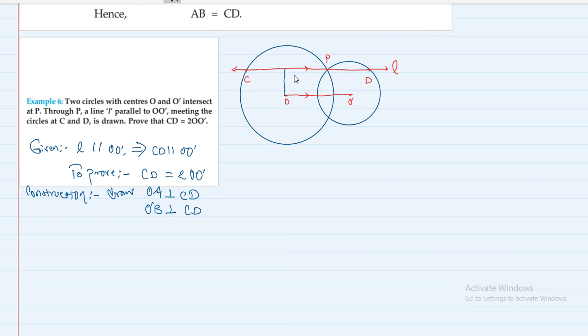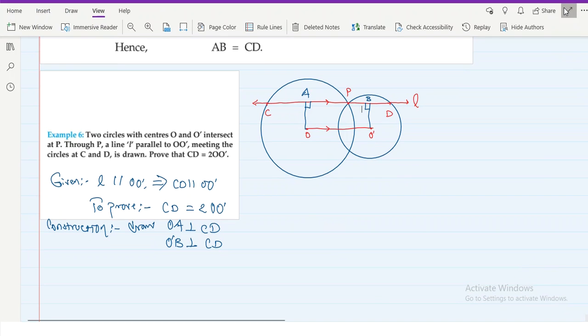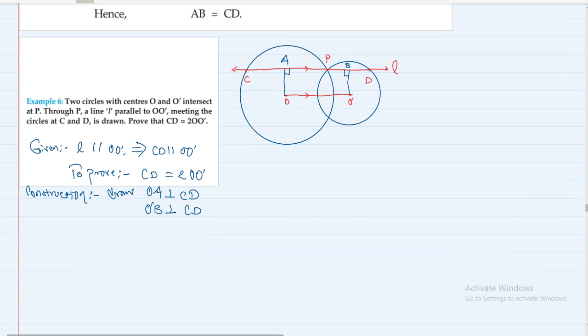This is my construction, OA and O dash B. Okay, so that's the construction. Now let's move ahead with the question.